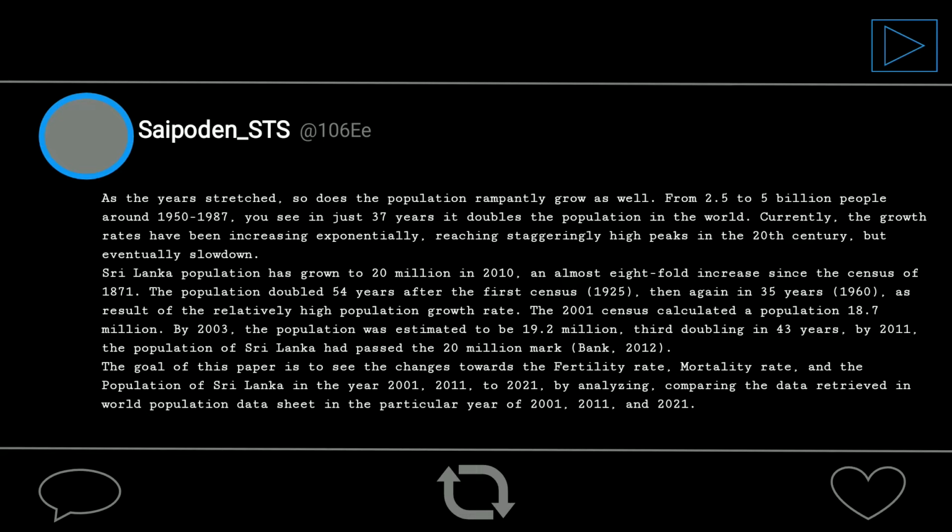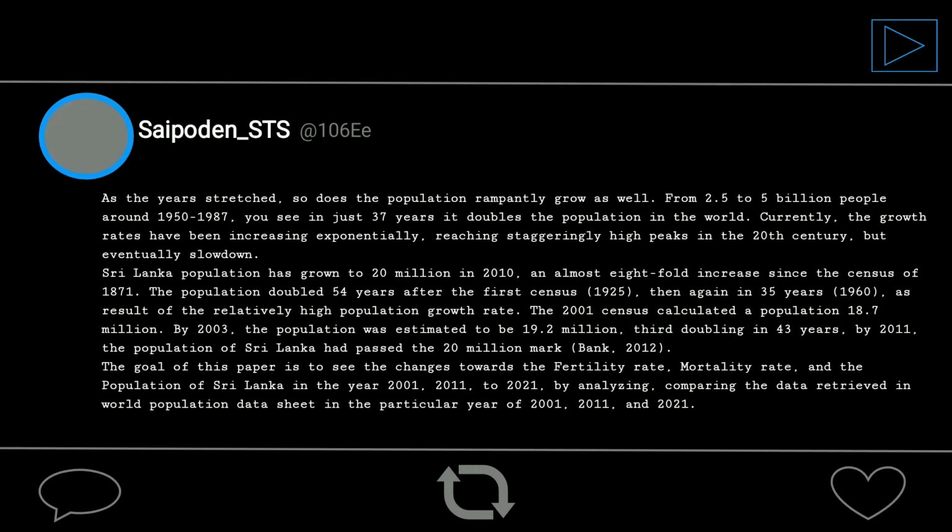Sri Lanka's population has grown to 20 million in 2010, an almost eightfold increase since the census of 1871. The population doubled 54 years after the first census, in 1925. Then again in 35 years, 1960, as a result of the relatively high population growth rate.